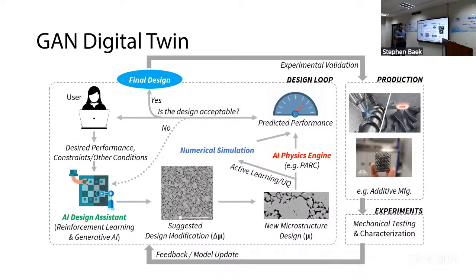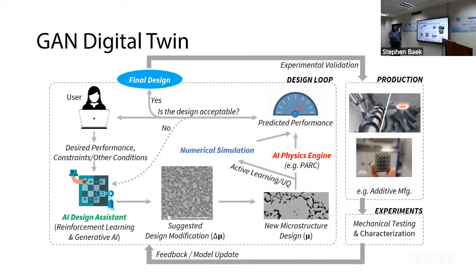Obviously the digitally designed microstructure and digitally predicted performance is not going to be exactly the same as the experimentally measured values. So that discrepancy then goes back and is used to update the AI models, and then there goes another inner loop.